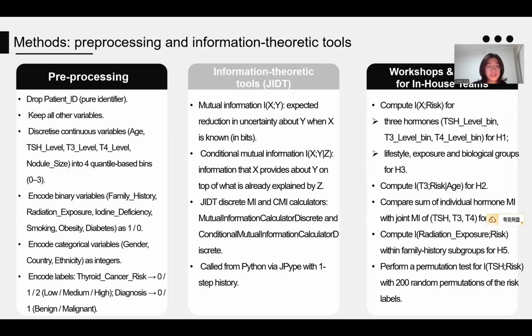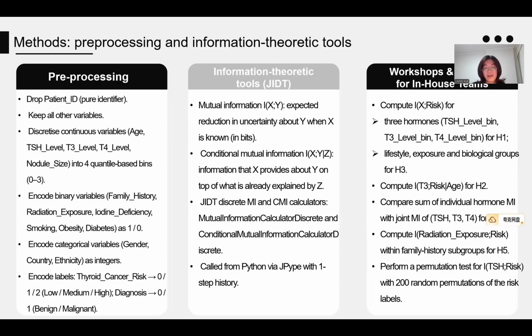MI measures how much knowing X reduces uncertainty about Y. Conditional MI measures information from X about Y given Z. I use these instead of correlation because they are model free and capture non-linear and higher-order dependencies, with JIDT's discrete MI and CMI calculators called from Python via JPype.